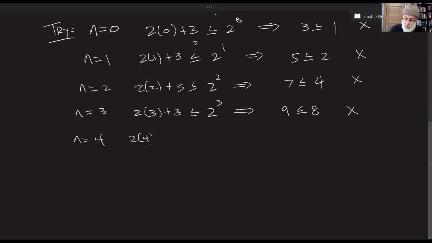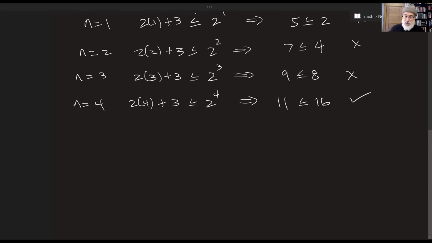Maybe you're thinking we're going to be here all day. Well, bear with me. 2 times 4 is 8, plus 3 is 11, is less than or equal to 2 to the fourth, which is 16. All right. So we found the first one that's true. Just to convince ourselves that we haven't been fooled or did the math wrong in some sense, let's look at the next case, and it's 5.